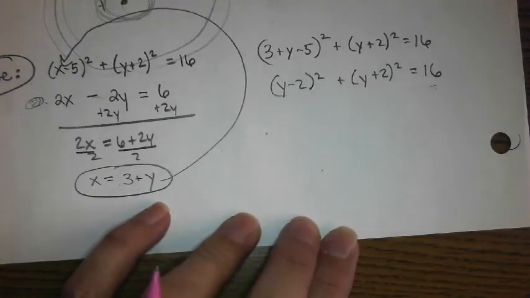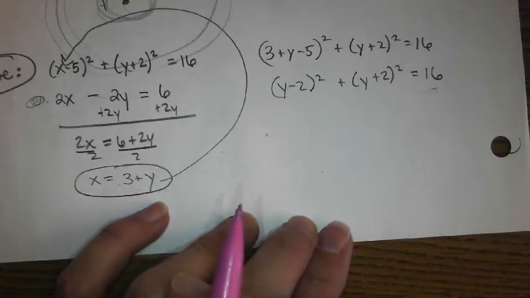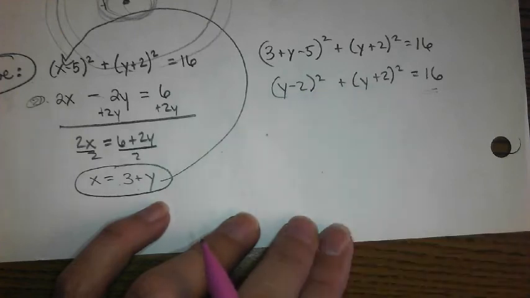How do you solve this? What's your gut tell you? Given that you probably don't know for sure because you've never seen something like this before, but what's that? No, I don't think I know what you're saying. You can't combine them because they're different binomials inside.